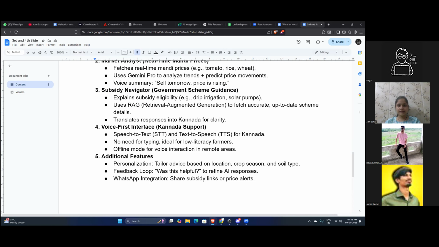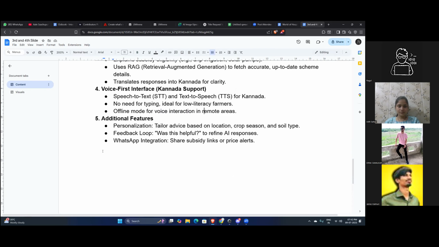And it also has an offline mode for voice interaction in remote areas, for those who don't have network facility.